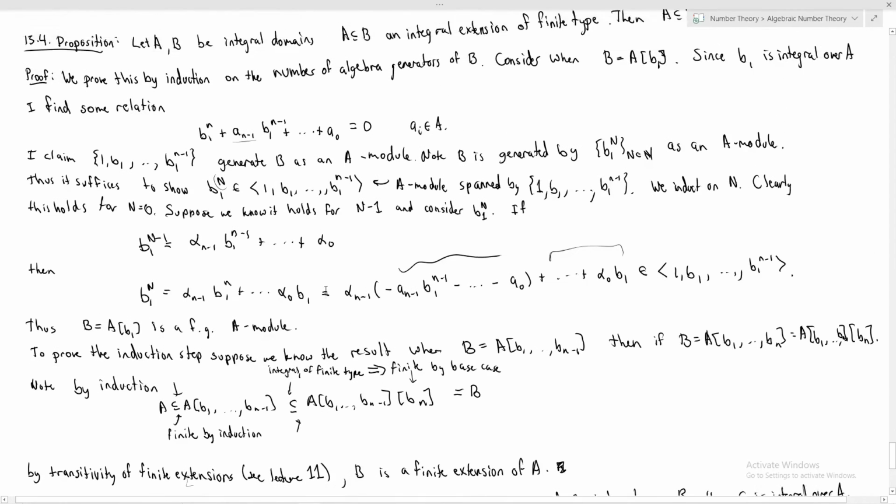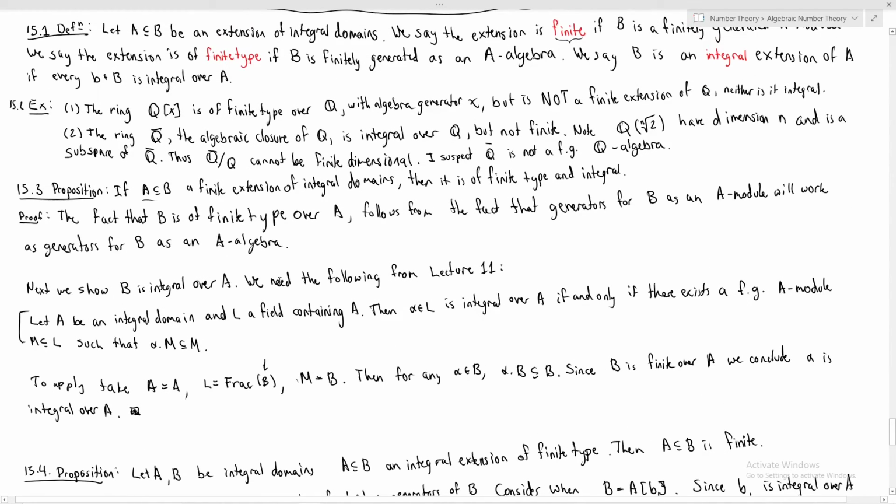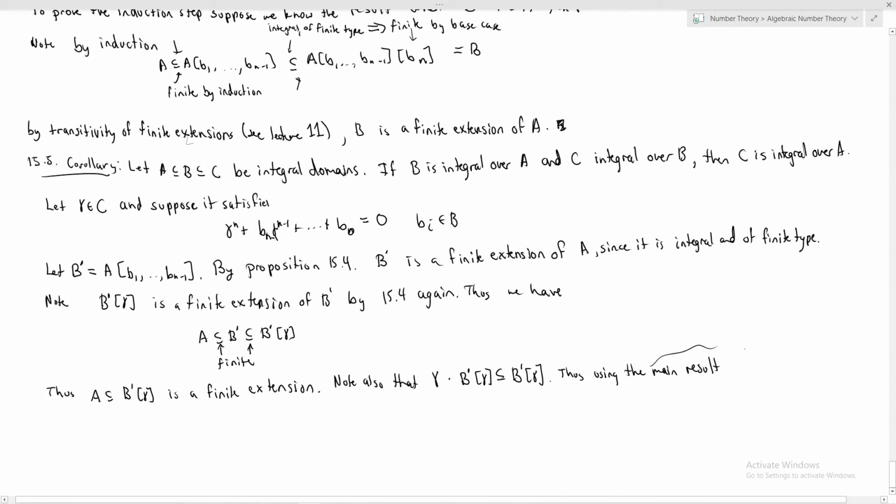What I mean in this instance is this: my main tool, the idea that I need a finitely generated A module M so that alpha times M is contained in M. We see gamma is integral over A. Okay, so I took a random element of C and showed that it is necessarily integral over A.